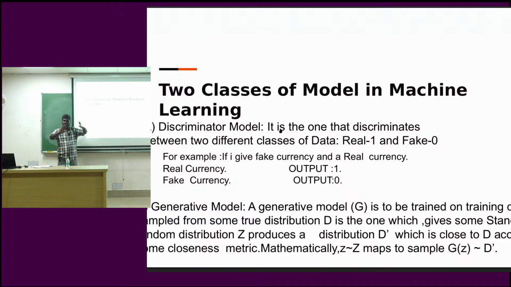In the training process, we get a loss function, and we try to minimize or maximize that loss function. And the job of the generator is that it generates the fake sample, but it wants the discriminator to take it as the real sample.